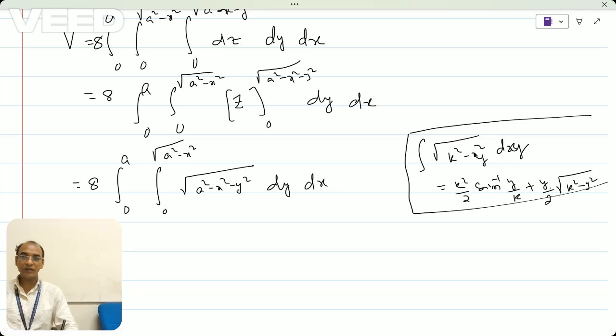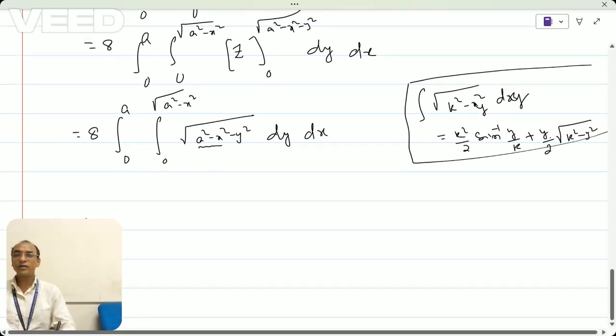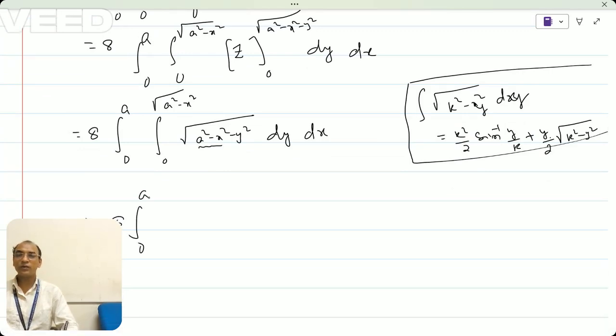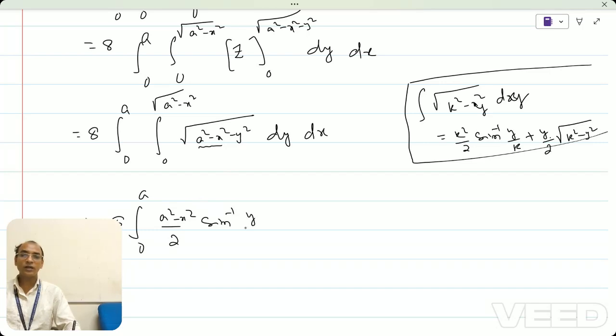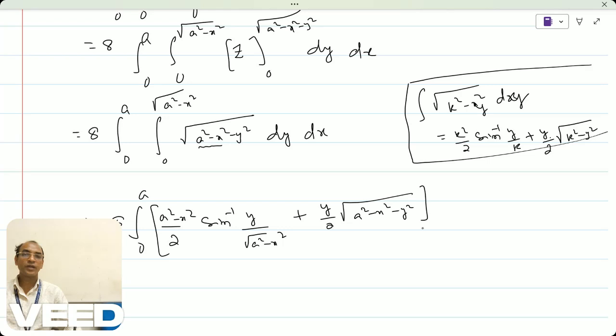So when I integrate with respect to y, here a square minus x square will be taken as k square, and so the integration will be 8 integration 0 to a, of a square minus x square divided by 2 times sine inverse of y divided by k, meaning root of a square minus x square, plus y by 2 times root of a square minus x square minus y square, and the limits are 0 to root of a square minus x square.